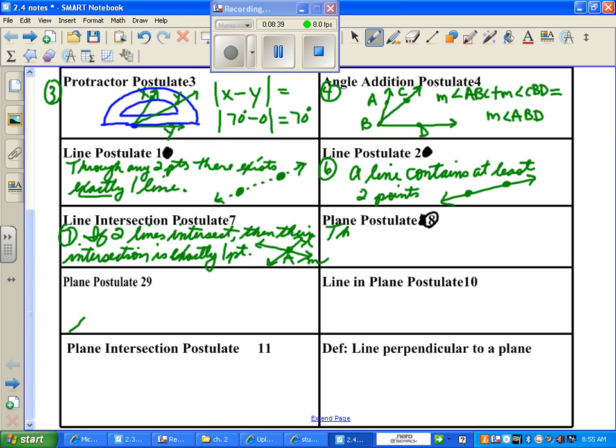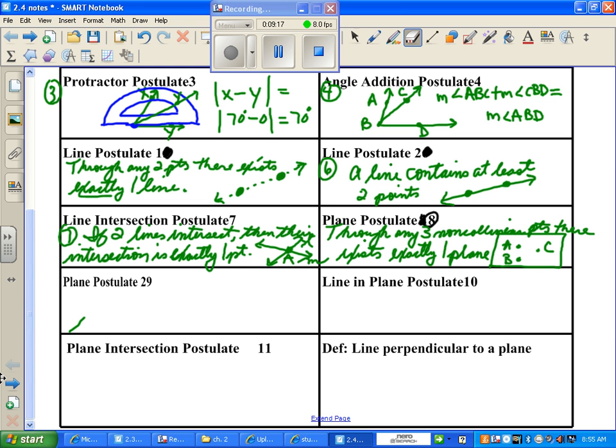Through any 3 non-collinear points, there exists exactly 1 plane. So if I have 3 non-collinear points, 3 points that don't form a line, I can form exactly 1 plane containing those.